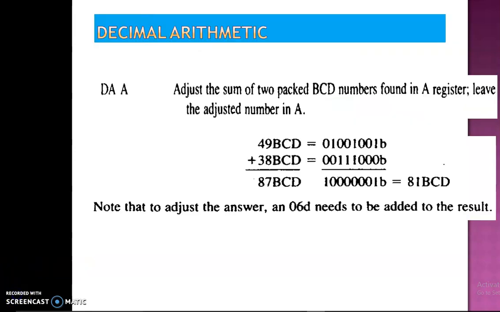Next instruction in arithmetic operations is DA A, decimal adjustment after addition. Whenever we are doing addition operation with the 4 combinations, for example ADD A comma some R2 register, you are adding accumulator data with R2 register content, you will get the result.